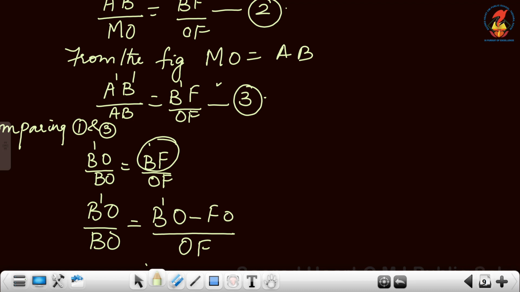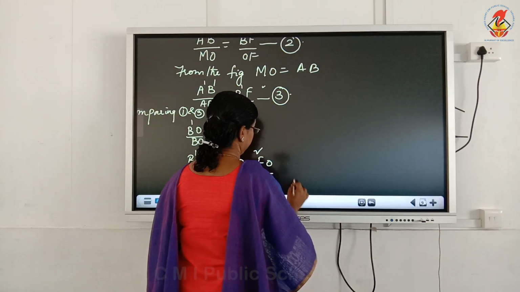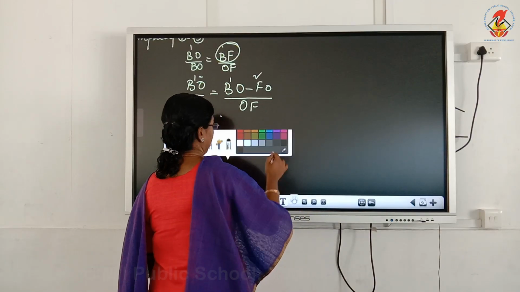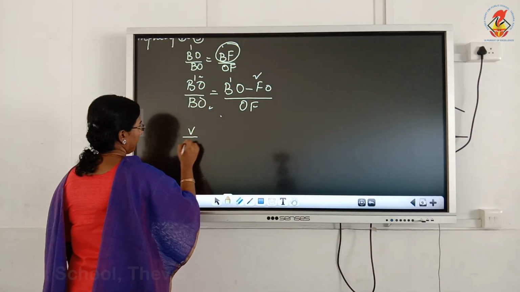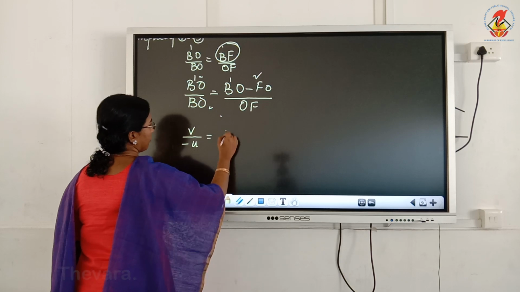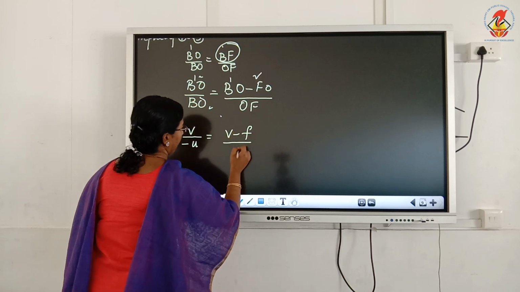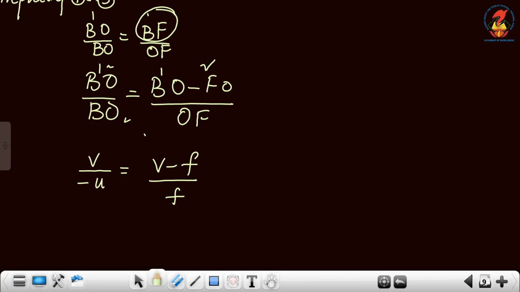Now substituting the values of B dash O, BO and FO, we get V by minus U is equal to V minus F by F, or VF is equal to minus UV plus UF.